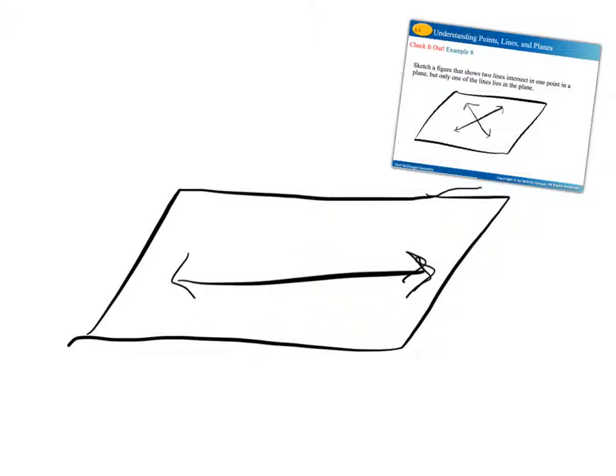So imagine you put this line going straight down through the center of the room. This dotted line shows the part that you can't see, and then it comes out the other end. This is how I would draw a line intersecting a plane so that you can't see the bottom part of it. That would be the last example, and that finishes it for chapter 1.1.